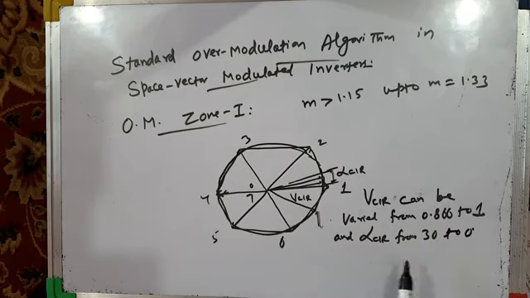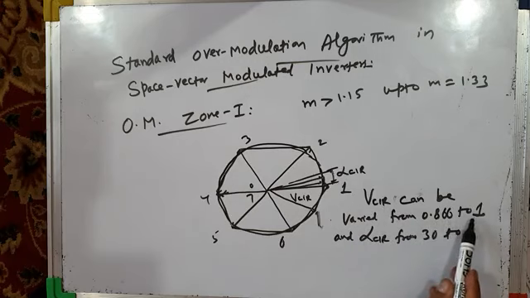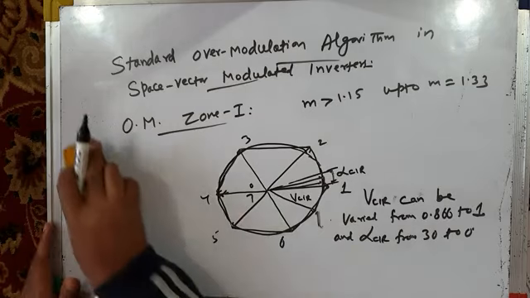For example, अगर आपका alpha circular 30 degree है, your V circular magnitude of rotating reference vector is 0.866, and as you move from 30 degrees to 0, V circular amplitude will change from 0.866 to 1. Okay.